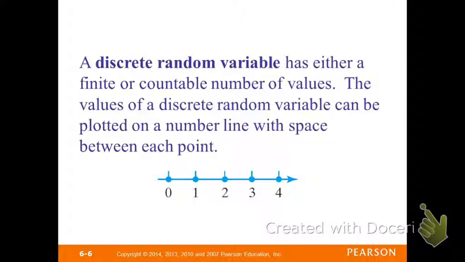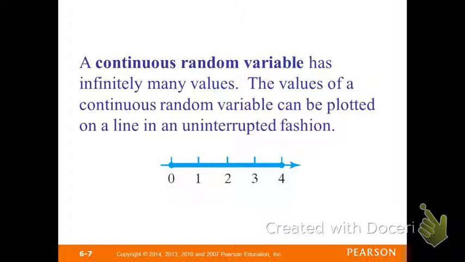A discrete random variable has either a finite or countable number of values. This is not new. So a discrete random variable is something that is countable or finite. And then a continuous random variable has infinitely many values. It can be broken down into smaller and smaller increments, right?